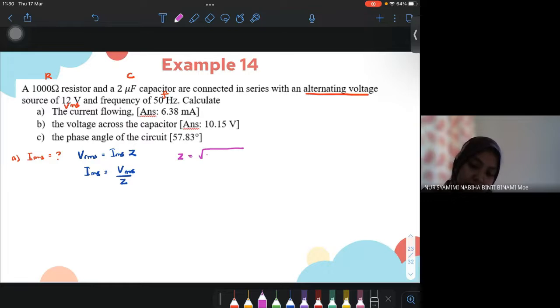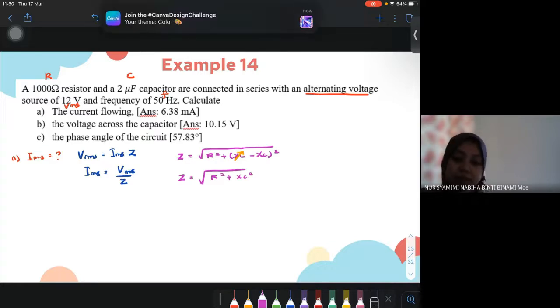Square root of R square plus XL minus XC square. But we don't have XL, so equation Z kita akan jadi Z is equals to square root of R square plus XC square.